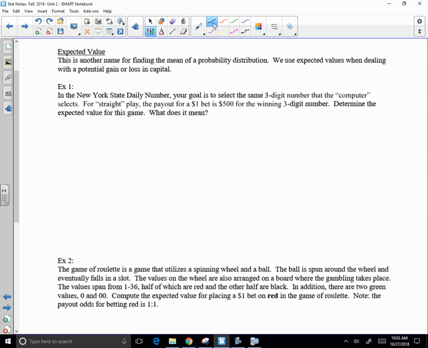with expected value problems, we deal with basically wins and losses. All right. So the X value would represent what you stand to win or lose. Okay? And it depends on the rules for the game. What we're going to do is assume that if you win, you win $500.